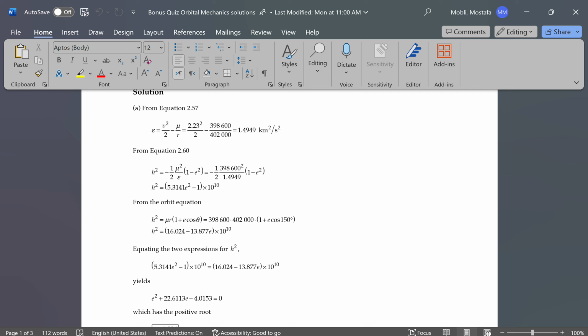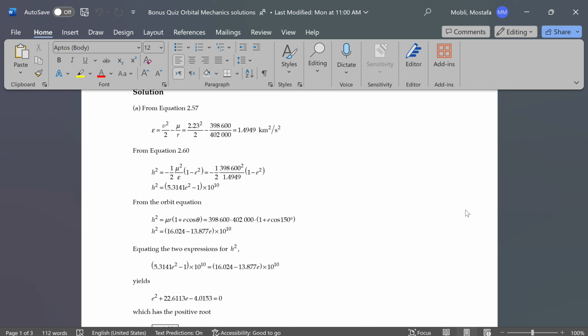This equation has h and epsilon, the energy, and the only place that we actually see the energy of the orbit, or the living force of the orbit, show up is in the energy equation. So it's a very correct assumption that this equation comes from the energy equation.